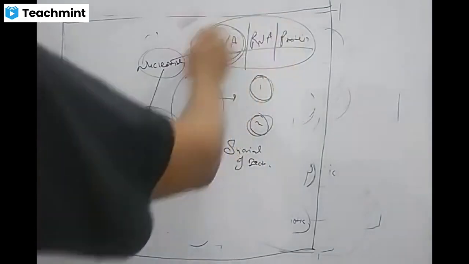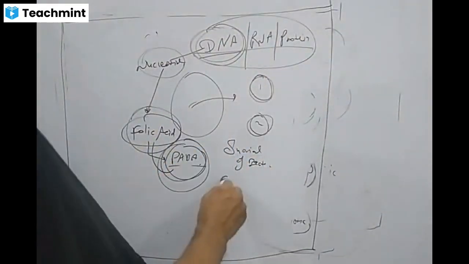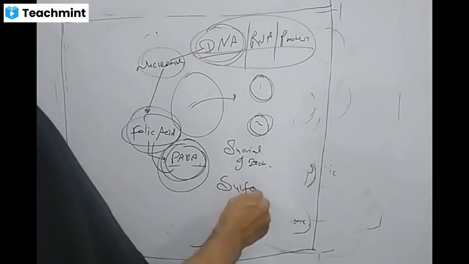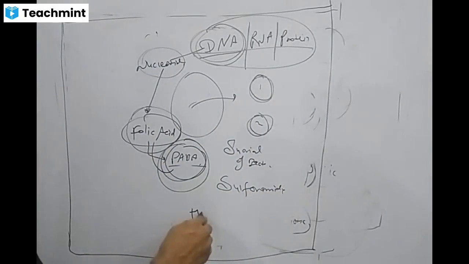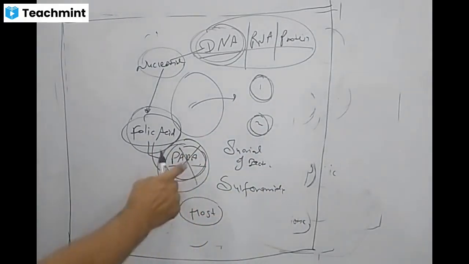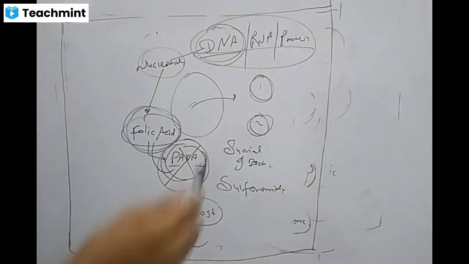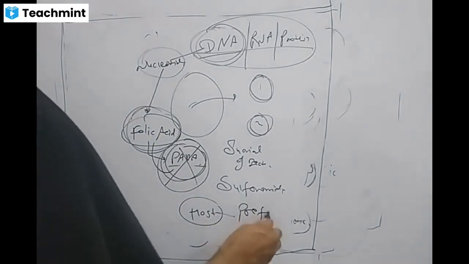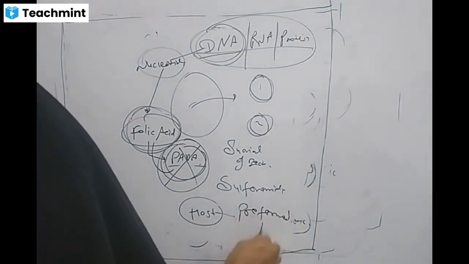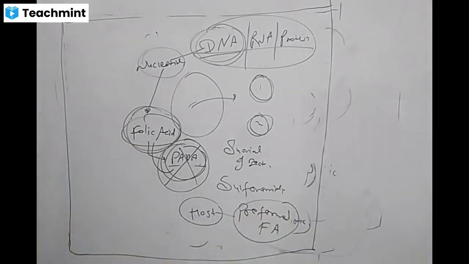These mechanisms which are important for survival are disrupted by drugs like sulfonamides. But in case of the host, they do not utilize para-aminobenzoic acid to synthesize folic acid. The host utilizes preformed folic acid.